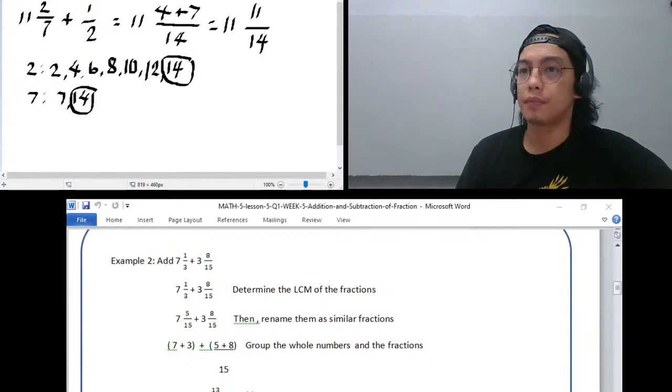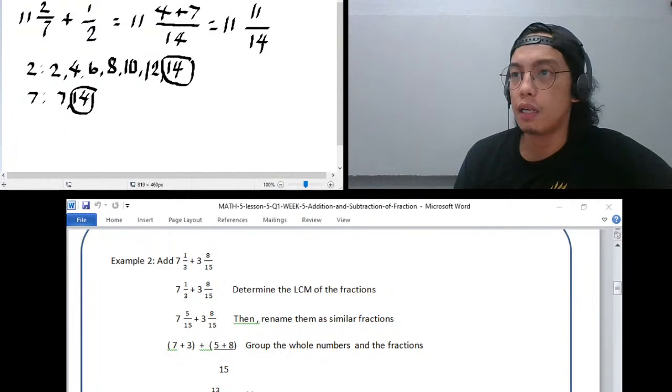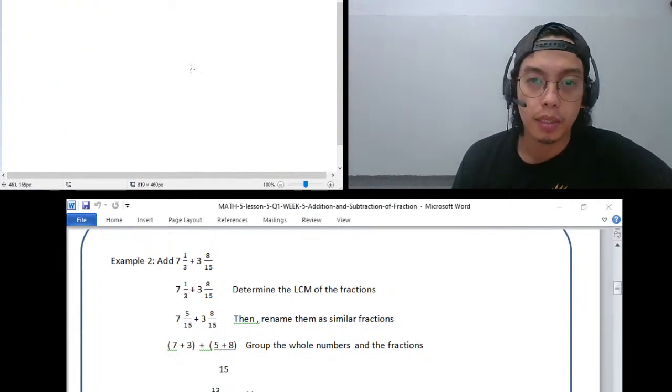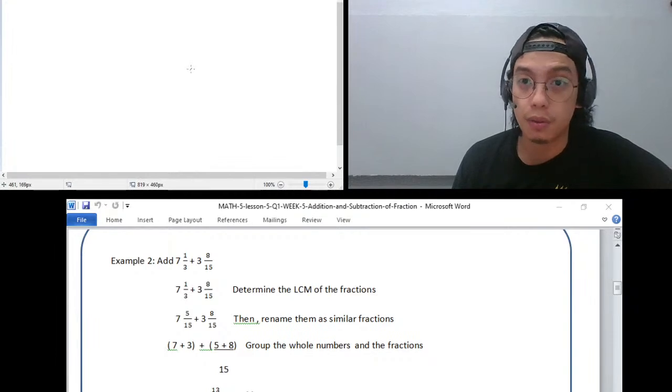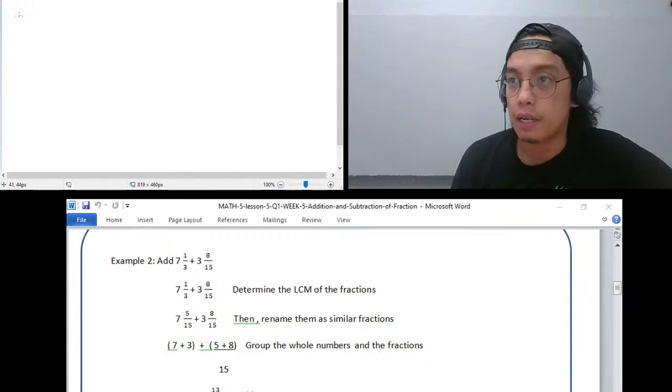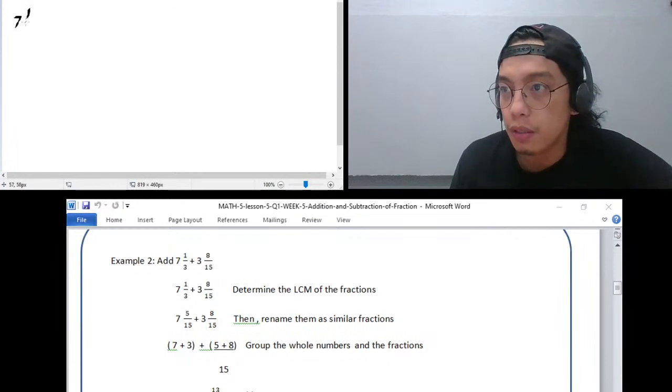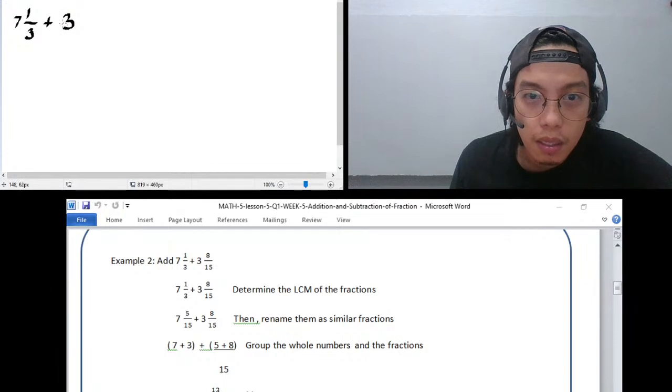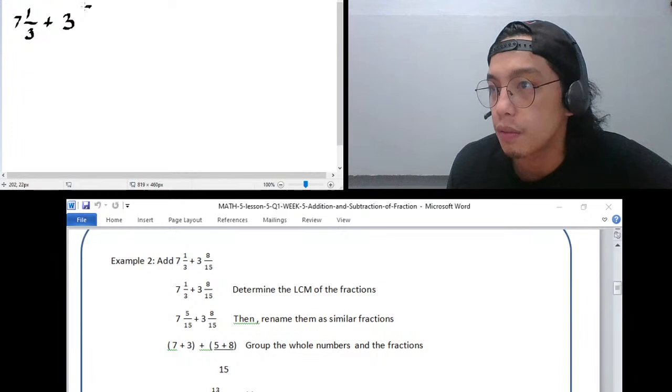I have a slightly different way to do it, but similar lang siya of answer, of course. So let's try to add 7 and 1/3 plus 3 and 8 over 15.